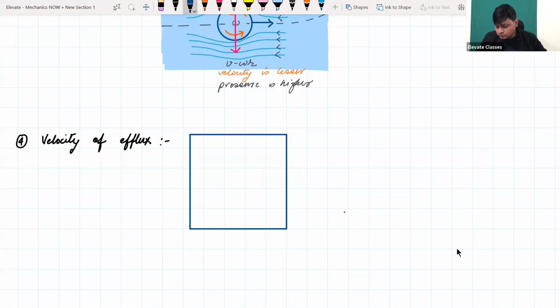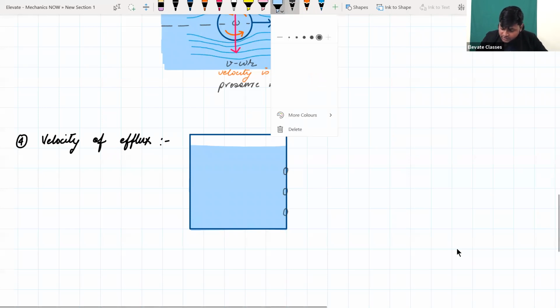So essentially that is what's happening. So let's suppose that there is some kind of a container having some sort of a fluid. Okay, so if I draw, let's suppose I exit here and exit here and exit here.